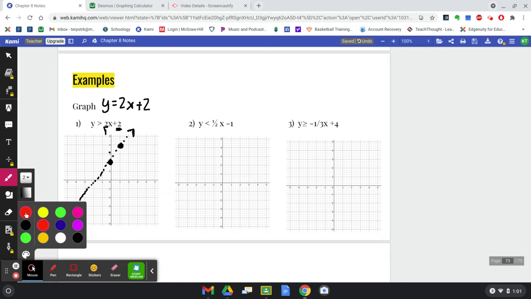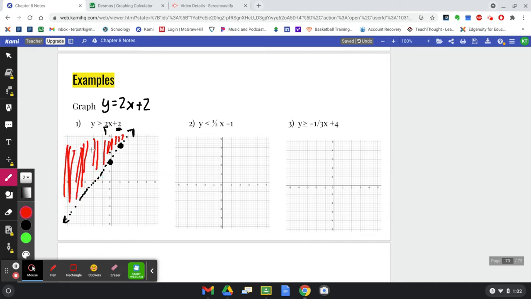So if I go to my line, I'm going to shade everything above it. All right, so that would be my graph for y is greater than 2x plus 2. It's all these points up here.